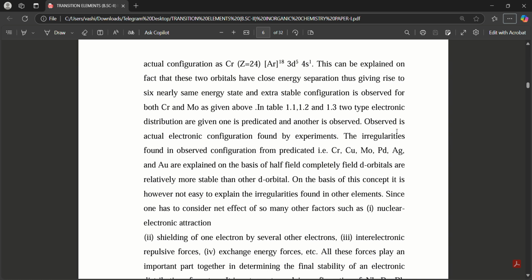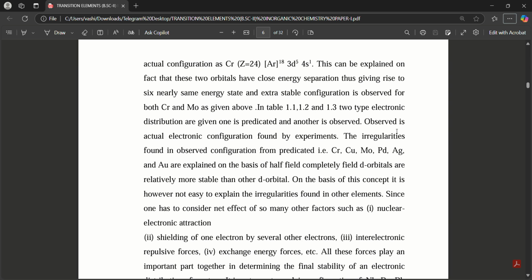This can be explained by the fact that these orbitals have close energy separation, thus giving rise to nearly the same energy state, and an extra stable configuration is observed for both Cr and Mo as given above. In tables 1.1, 1.2 and 1.3, two types of electronic distribution are given. One represents predicted and another observed. Observed is the actual electronic configuration found by experiments.